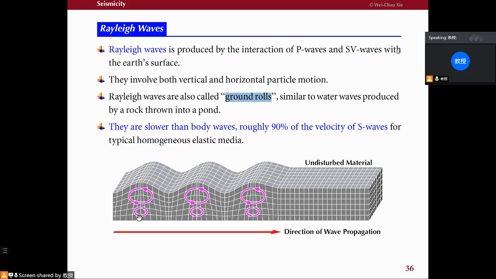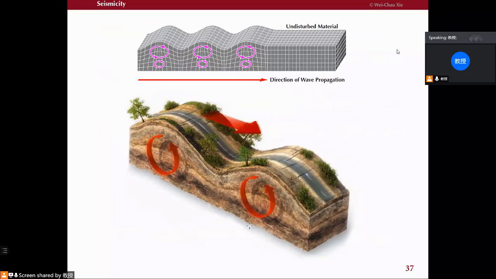Okay, so when you see this, it looks like the ground is rolling. Okay, so that's a diagram showing the deformation of a piece of ground. Okay, that's the direction of wave propagation, and the particle moves in circles.